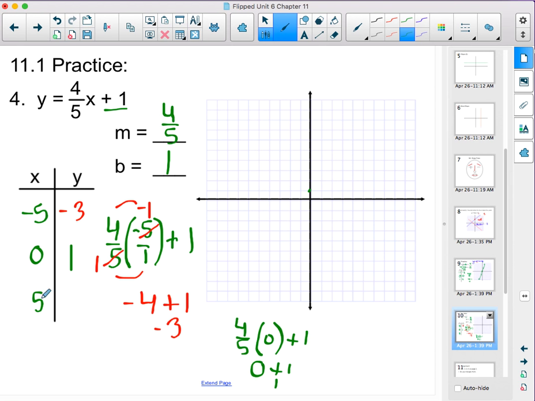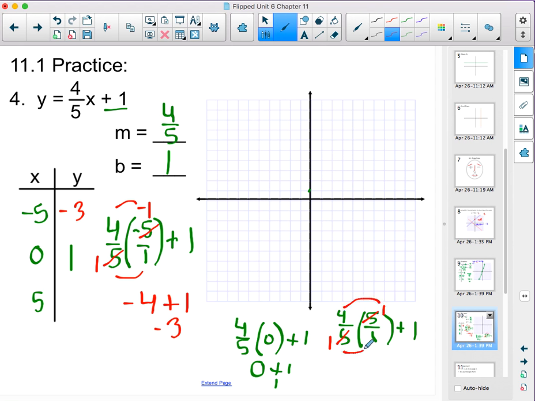Last one, we're going to do +5 in for x. So I start off with 4/5 times +5. Don't forget to put your 5 over 1 to make it a fraction. Don't forget your +1 at the end. Now I see that I can simplify on the diagonal here. I can divide a 5 out of both of those numbers. 5 divided by 5 is 1. 5 divided by 5 is 1.